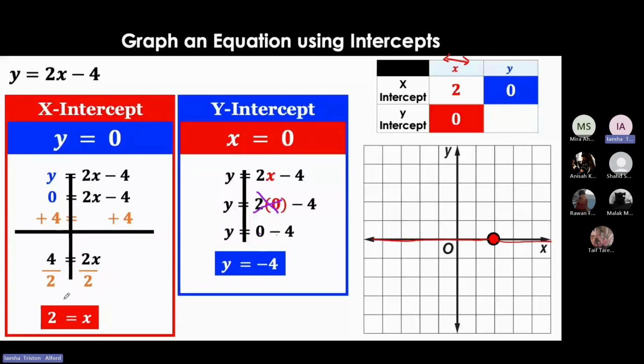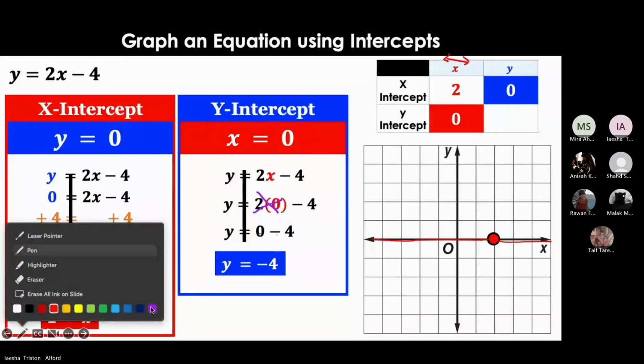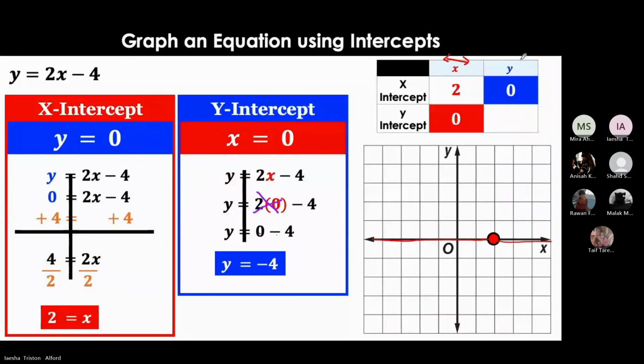The y-axis is going up and down. Positive 2 means you go which way? Right. How many? 2 units. And 0 means to do what?